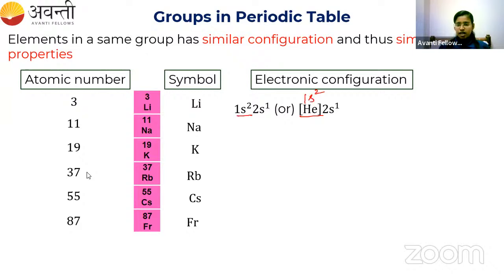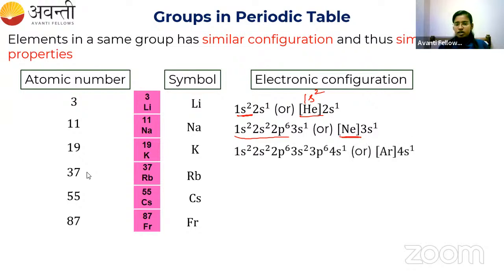So instead of writing this 1s2, I can write helium. In the same way, for sodium, instead of writing 1s2, 2s2, 2p6, I can write neon, because the neon configuration is 1s2, 2s2, 2p6, with the 3s1. The same way for potassium, it is argon 4s1.